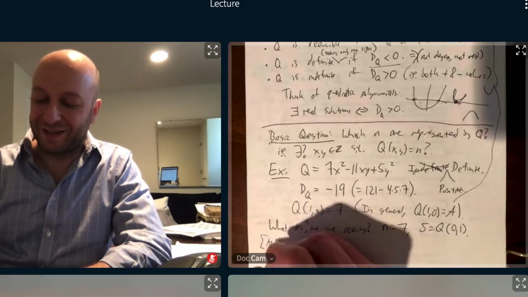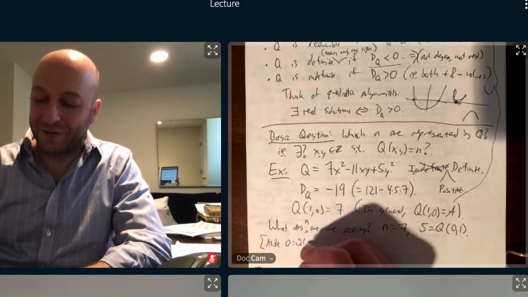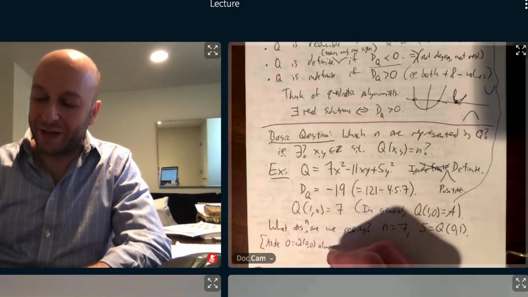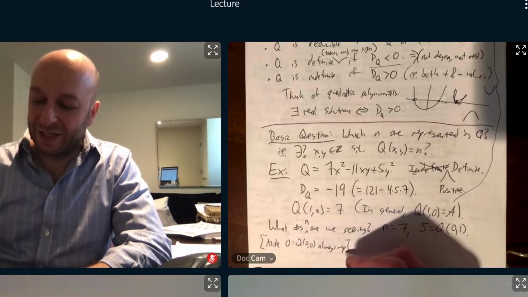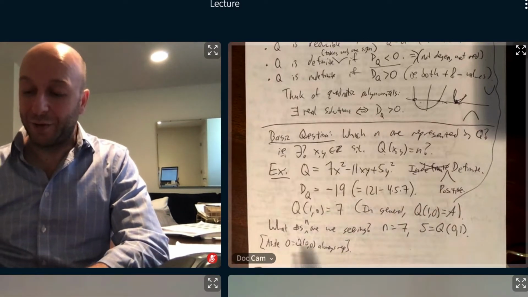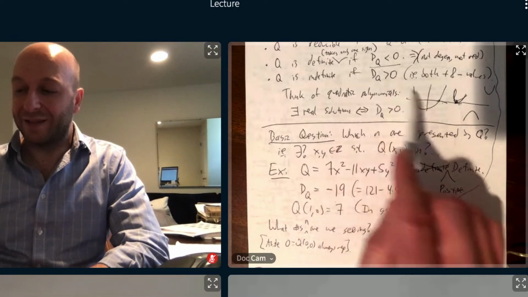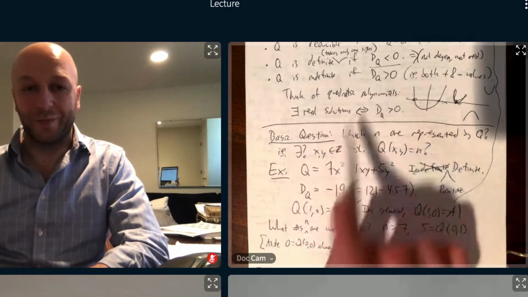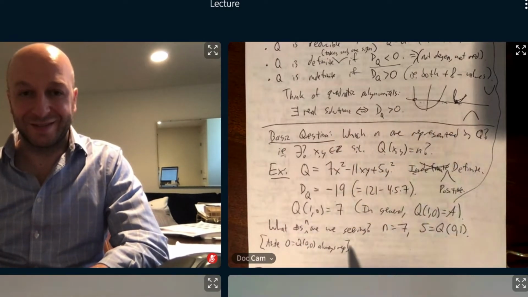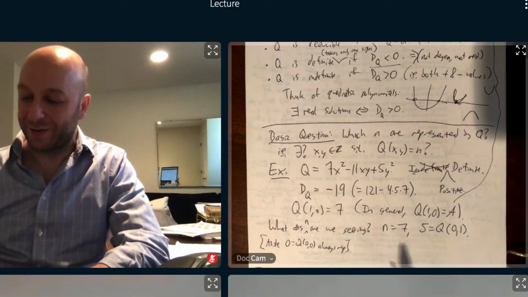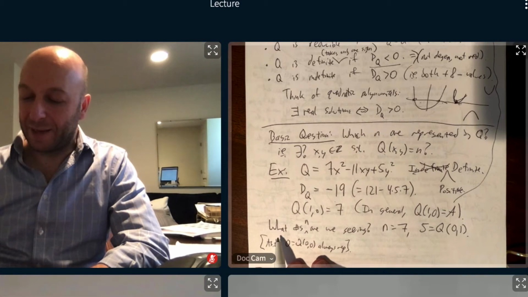Aside, 0 is always Q of 0, 0. It is always represented. The interesting thing is when 0 is represented by an indefinite form. Well, we'll talk about that. We'll come back to that.